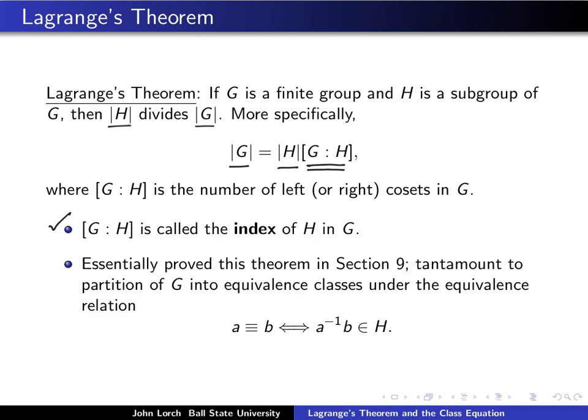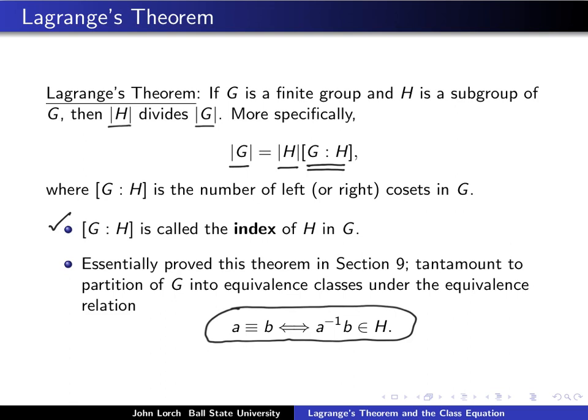You might remember that starting with our group G, we can put this equivalence relation on G, and we saw that the equivalence classes under this equivalence relation, which must partition G, are actually the left cosets of H in G. Furthermore, all of these cosets have the same size as the subgroup H itself.